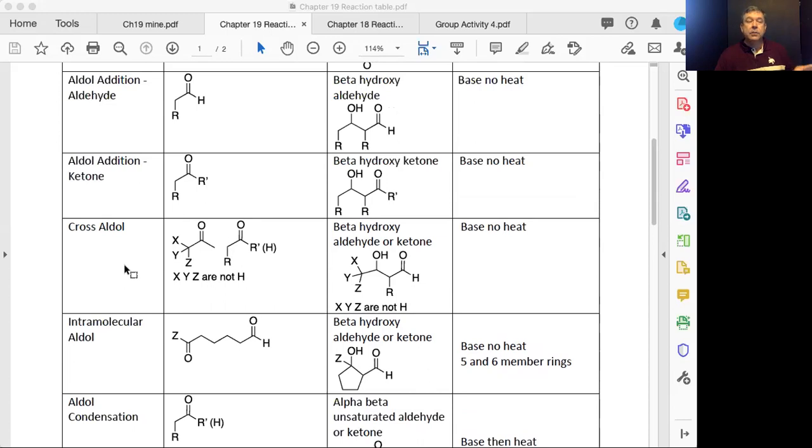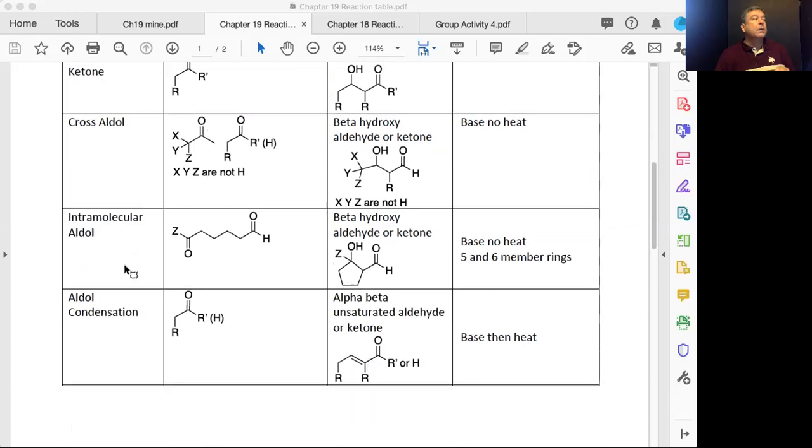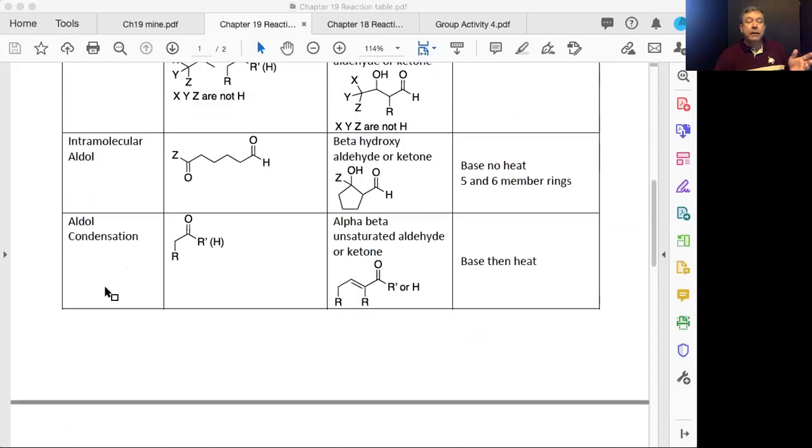So in the aldol addition reactions, we don't end up with two carbonyl compounds because we don't have a good enough leaving group yet, okay? So the next variation of the aldol reaction is when we add heat at the end. If we add heat at the end, we end up with our aldol condensation. Remember, our condensation is called that because it removes a small molecule that condenses out of the reaction.